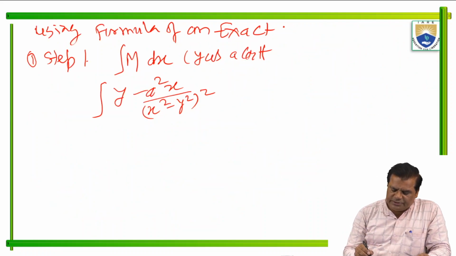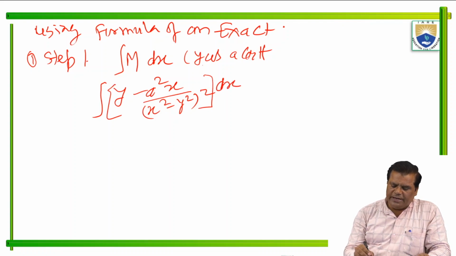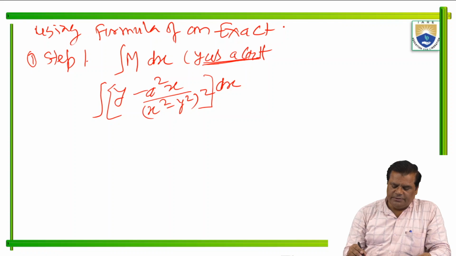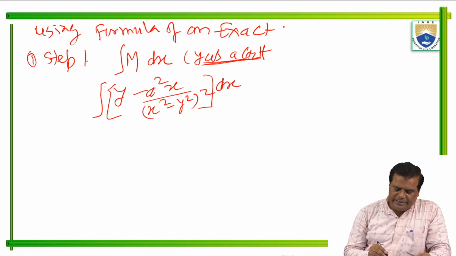So integrating this result with respect to x, keeping y as a constant, integrating M with respect to x and y as a constant. So now y is a constant.